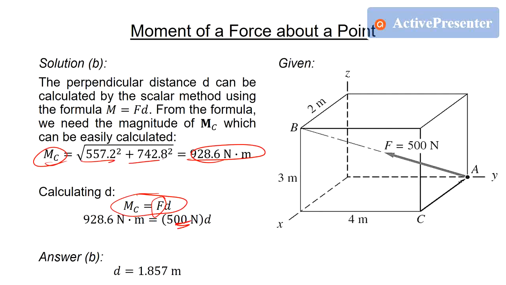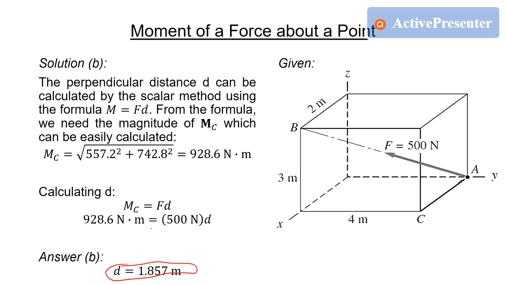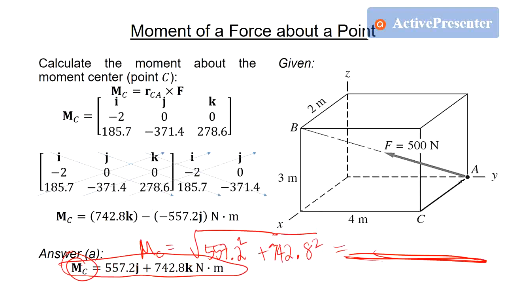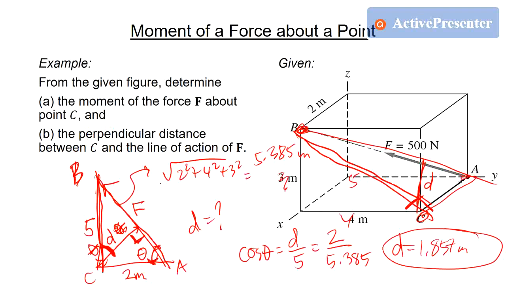Then we can get the value of D. So simple as that. That is an easier solution because you have the values instead of solving it geometrically like this one. So in the end, you will get the same answer.